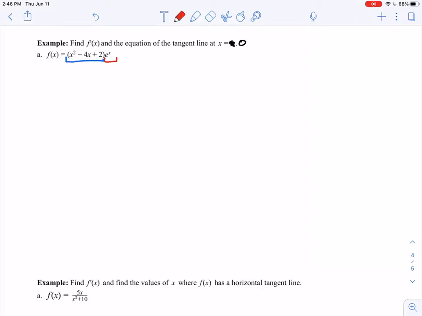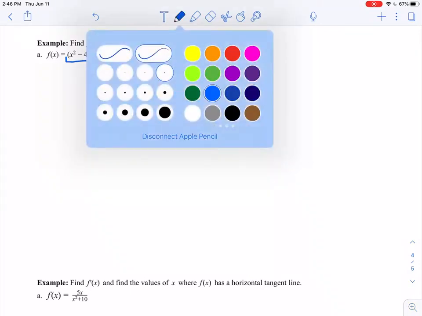So keep an eye out for if we're mixing and matching, say, polynomials and exponentials or polynomials and logarithms. Anytime we're multiplying two separate functions together, we are going to have to use the product rule in order to take the derivative.